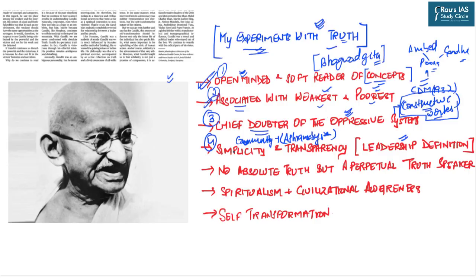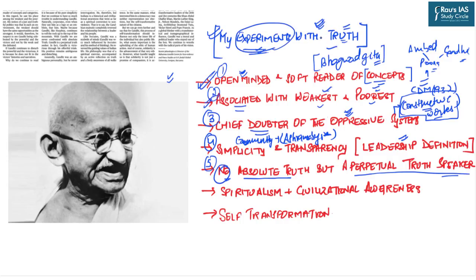The next important thing is that Mahatma Gandhi believed that there is no absolute truth. Instead of having an absolute or rigid perception of truth, he was a perpetual truth seeker. That is why I started this session with the name of his autobiography, which he himself wrote, My Experiments with the Truth.